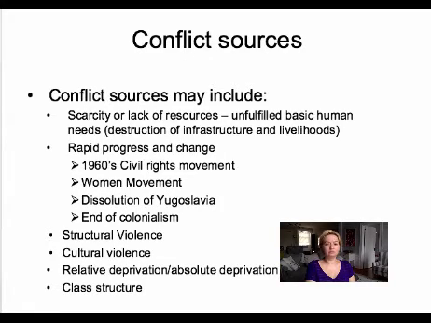Examples, let's say, civil rights movements in 1960s, women's movement, dissolution of Yugoslavia in 1990s. All of that was caused by this rapid change. Fall of the Berlin Wall and the end of the Cold War made big impact on Eastern Europe and other parts of the world.